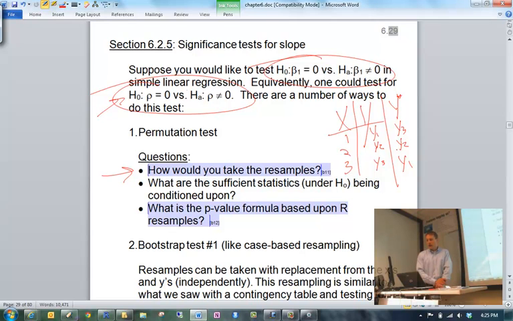So what we could do then is estimate a regression model using x and y star for the first resample. So what are the sufficient statistics? Basically it's just the ordering of the x's and the y's. And what is the p-value? How would we calculate it?